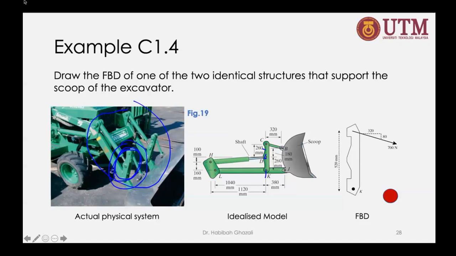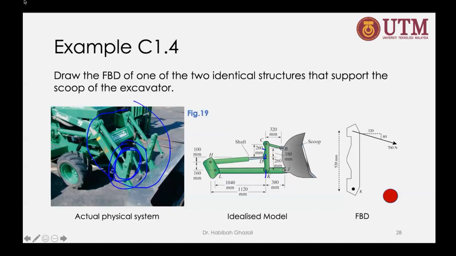A pin support will stop it from moving in the X direction and Y direction, but it will not stop it from rotating. That's how you should put the reaction forces for a pin.